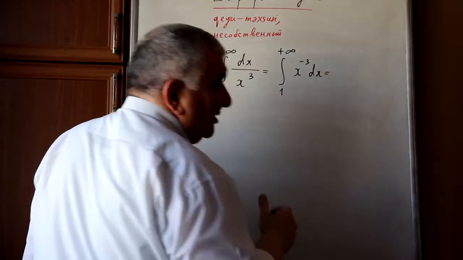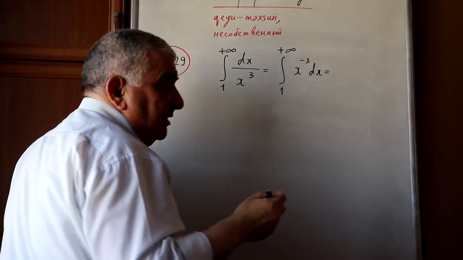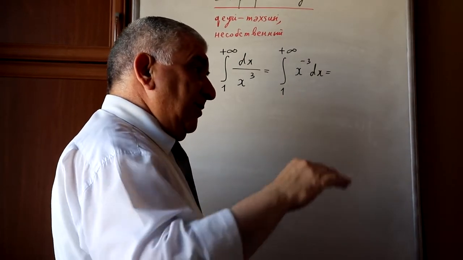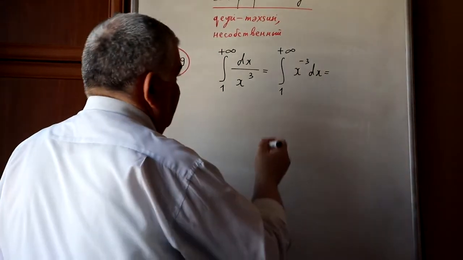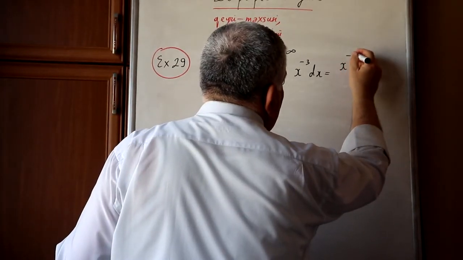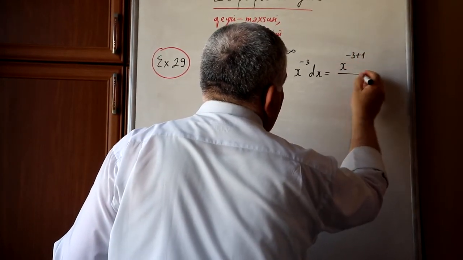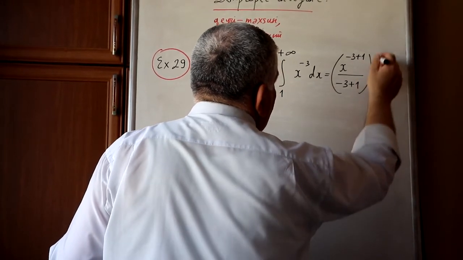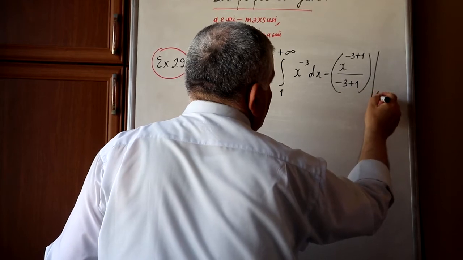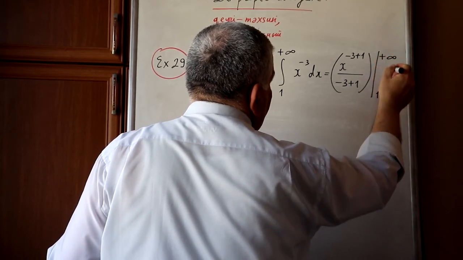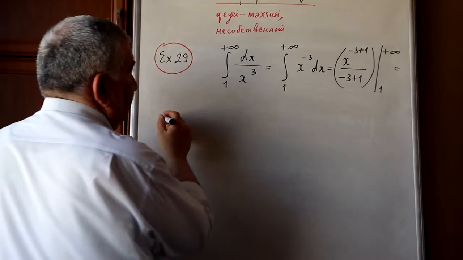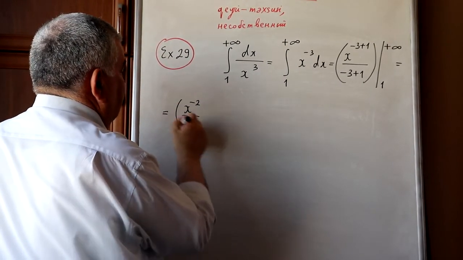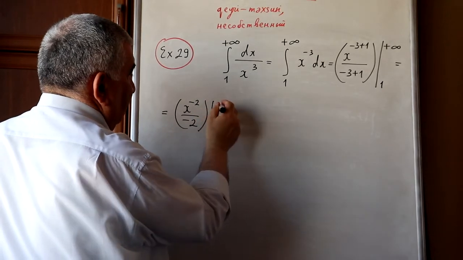The integrand here is x to minus 3, and its antiderivative is x to minus 3 plus 1 over minus 3 plus 1, with double substitution from 1 to plus infinity, equals x to minus 2 over minus 2, double substitution from 1 to plus infinity.